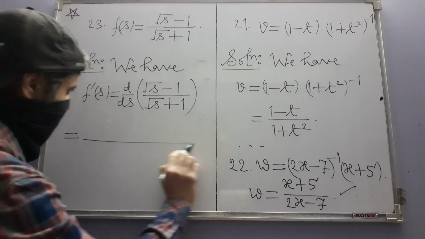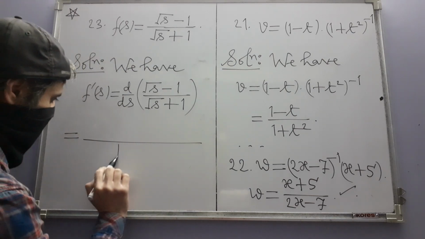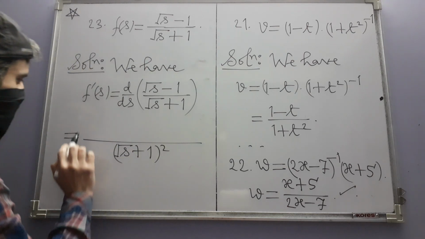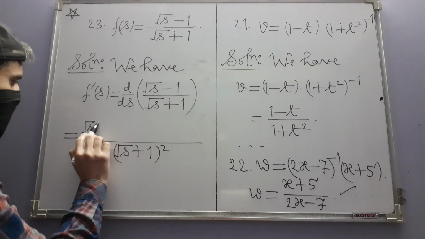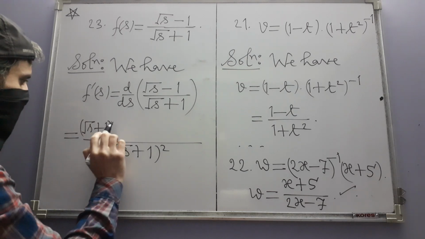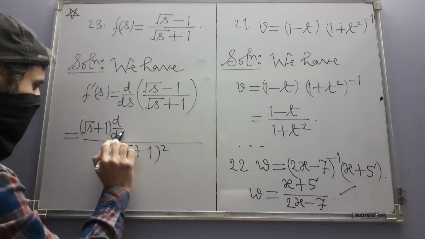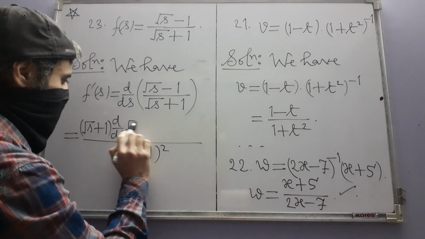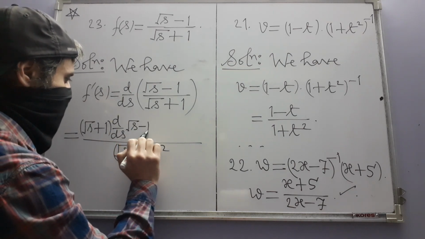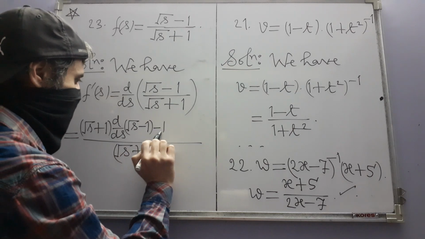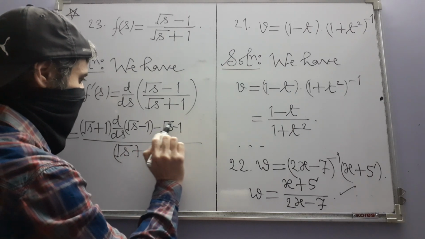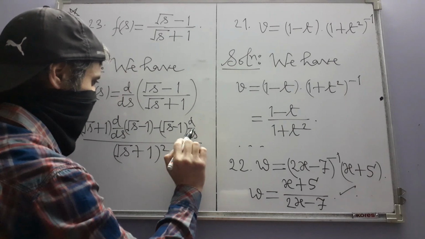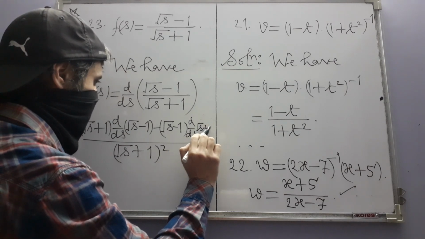As usual, first we square the denominator, then write the denominator times s again. Keep this in mind: the derivative of the numerator minus the numerator times, I am running out of space, root s plus 1.